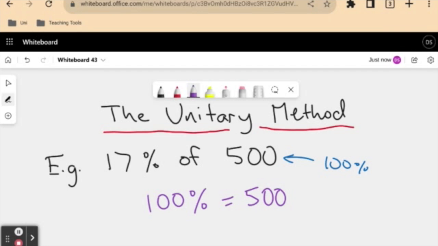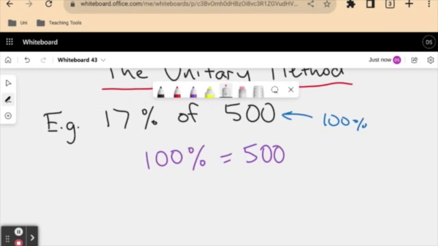Now, what is one way I can, well, probably because this 17 is an ugly number. It's not a number that can divide into 100. And it's not a factor of 100. So it's a little bit harder. But there is one really great way to get from 100 to 17.